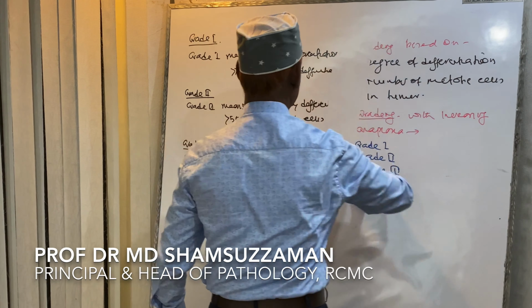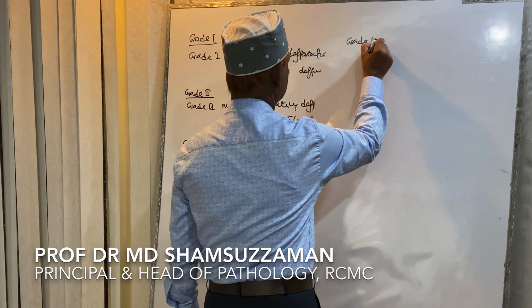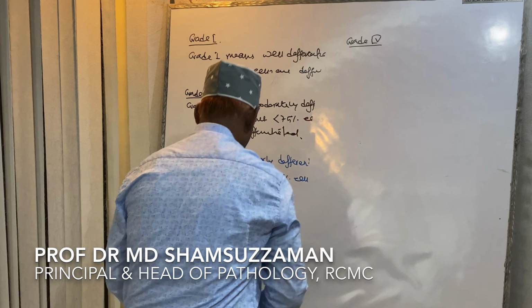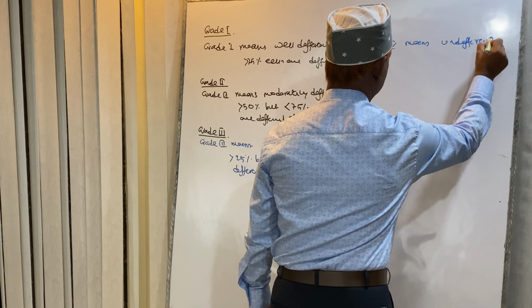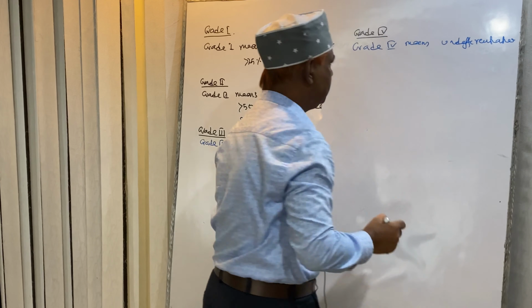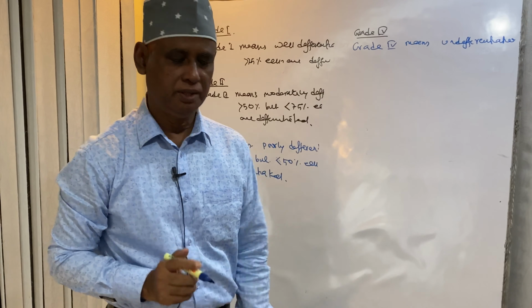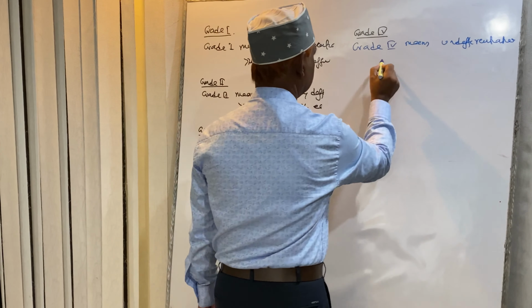Grade 4 means undifferentiation, that is here less than 25% cells are differentiated.